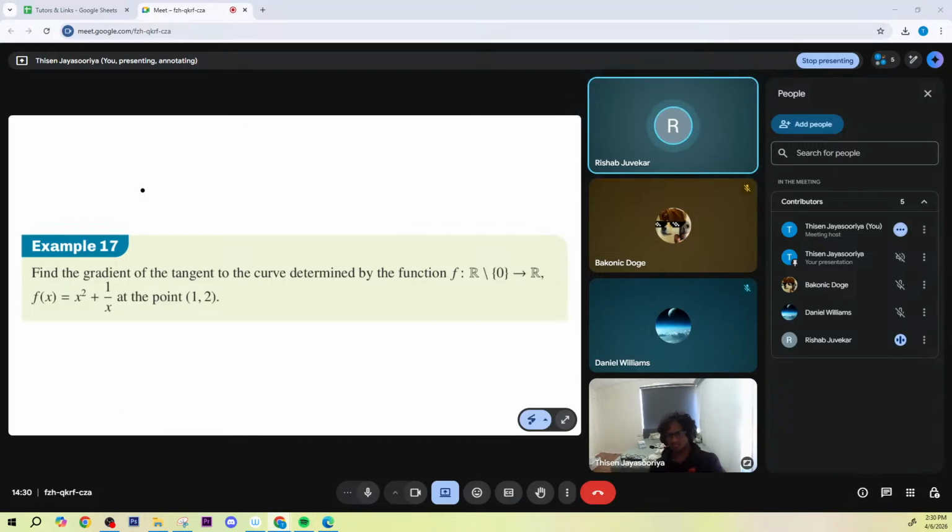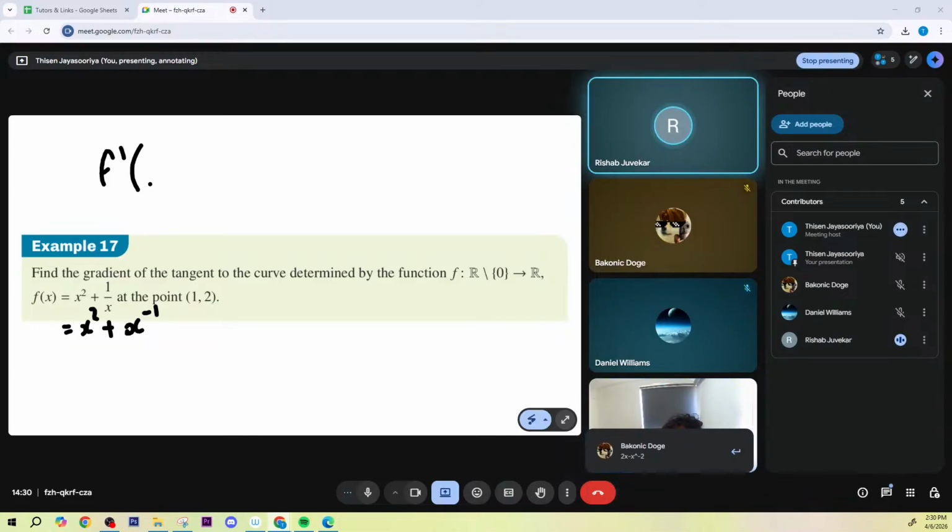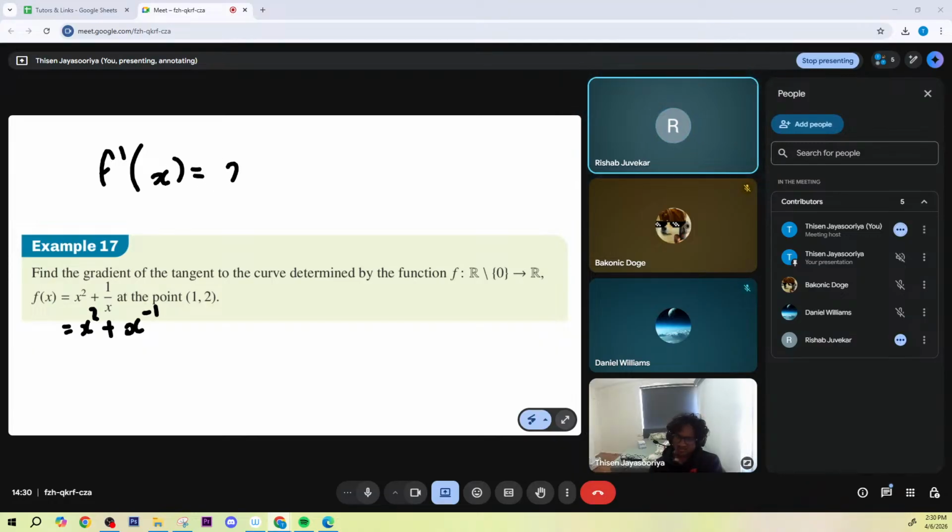I think you move the x from the bottom to the top. X squared plus x to the power of -1. Yep. So then what's the derivative of this function? 2x minus x to the power of -2.